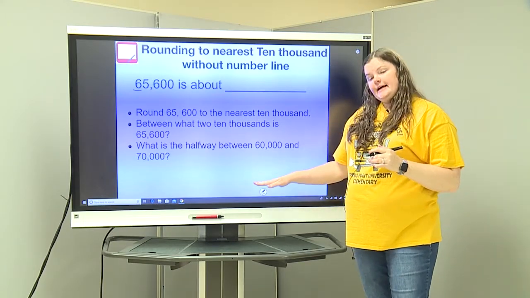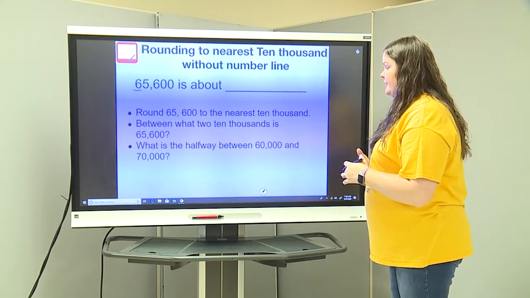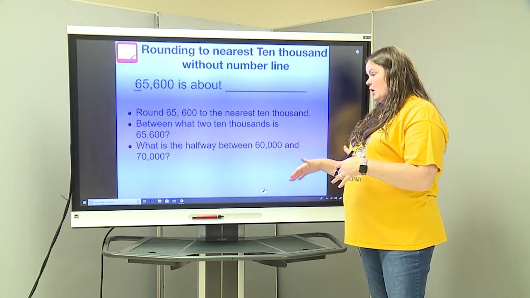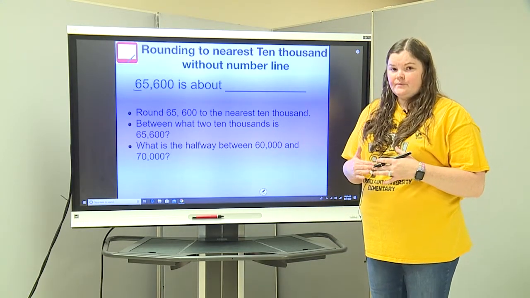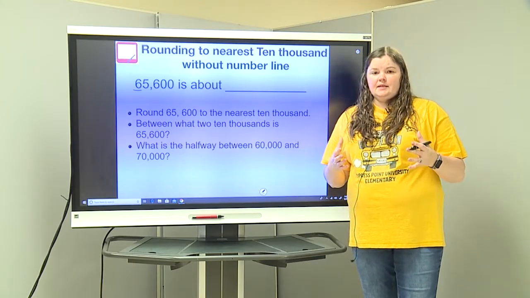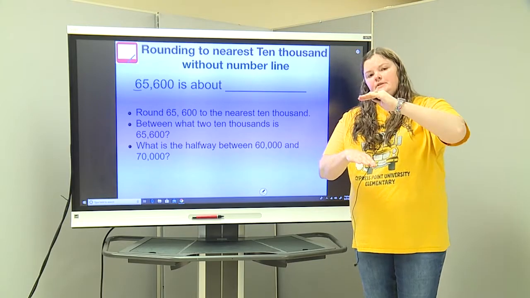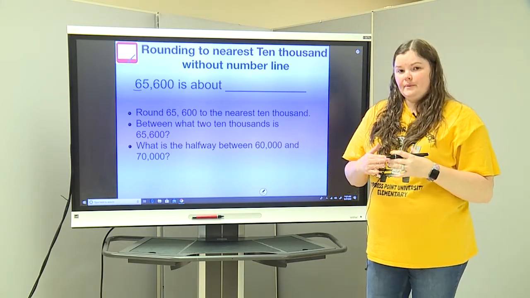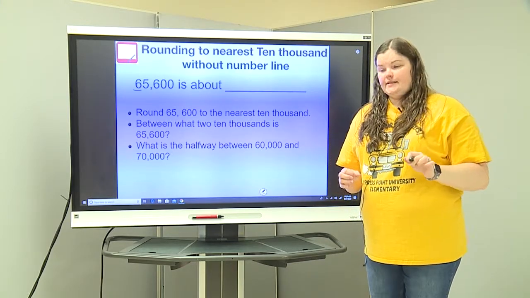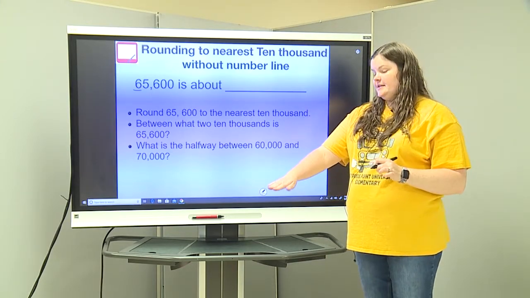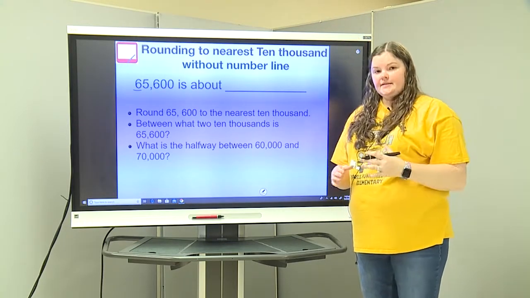Then we need to figure out the halfway mark between 60,000 and 70,000. I've got my 60,000, 70,000. What would go right there in the middle? It would be 65,000. So I would have 60,000, 65,000, and then 70,000 at the very top.